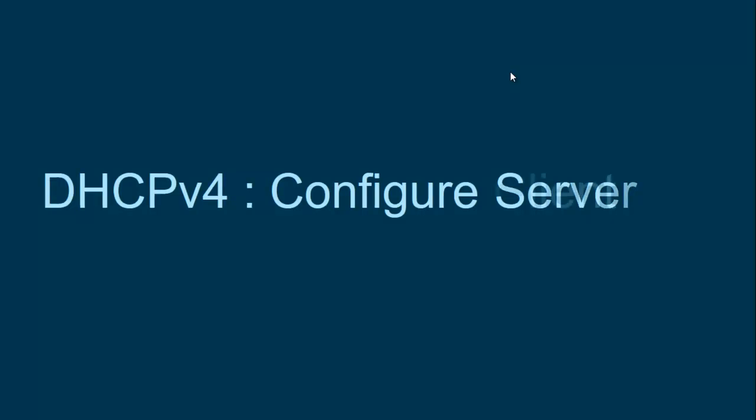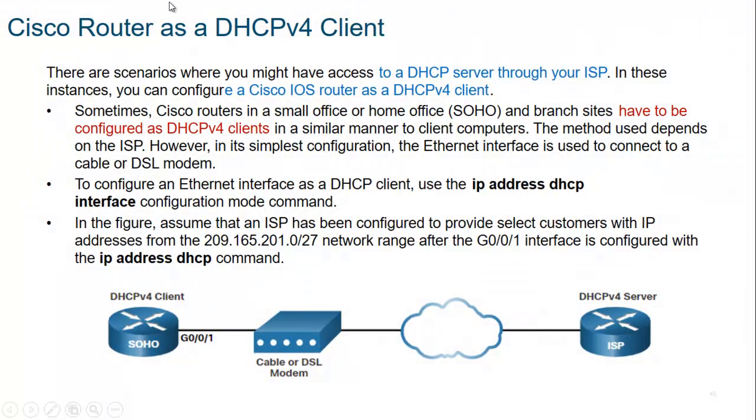Let's look at how we are going to configure the client side. There are scenarios where you might have access to a DHCP server through the ISP. In these instances, you can configure a Cisco router as a DHCPv4 client. Sometimes, Cisco routers in SOHOs or branch sites have to be configured as DHCPv4 clients in a similar manner to client computers.